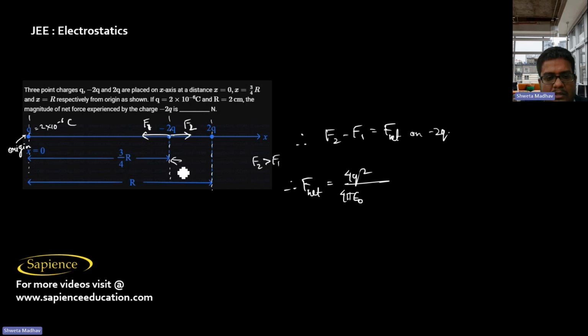So this length will actually be r by 4, so this is (r by 4) whole square. So the first term is q1 q2 by 4 pi epsilon naught r square, and minus this will be 2q into q, that is 2q square, by 4 pi epsilon naught into (3r by 4) whole square.